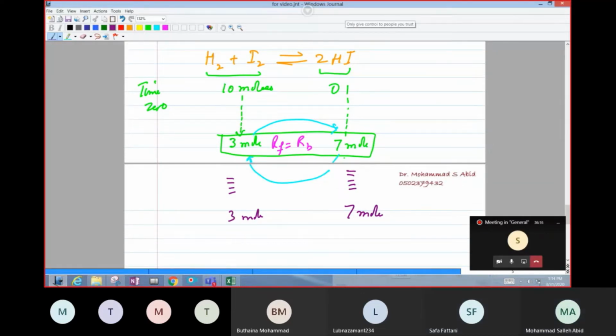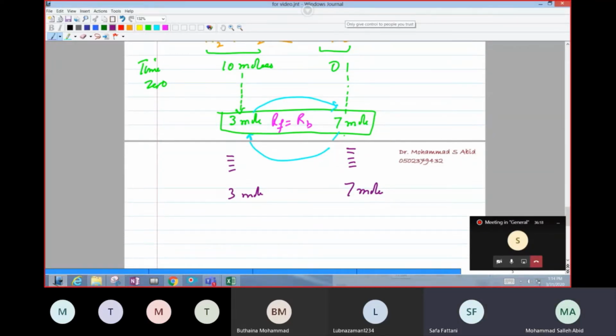Sorry, can you repeat that part? Okay, I'm saying at any given time, depending on the reaction condition, suddenly the rate of forward becomes equal to the rate of backward.